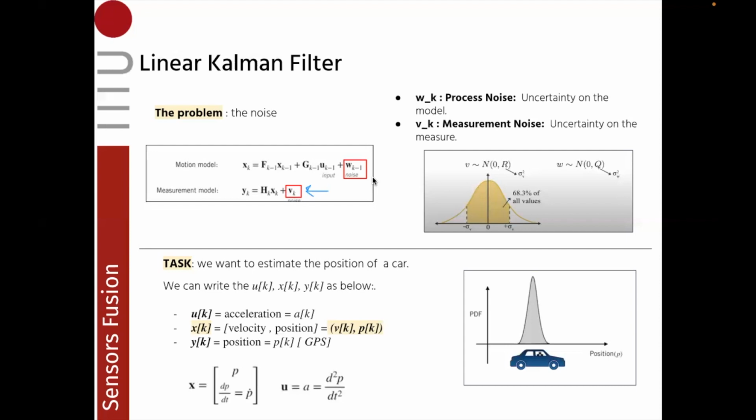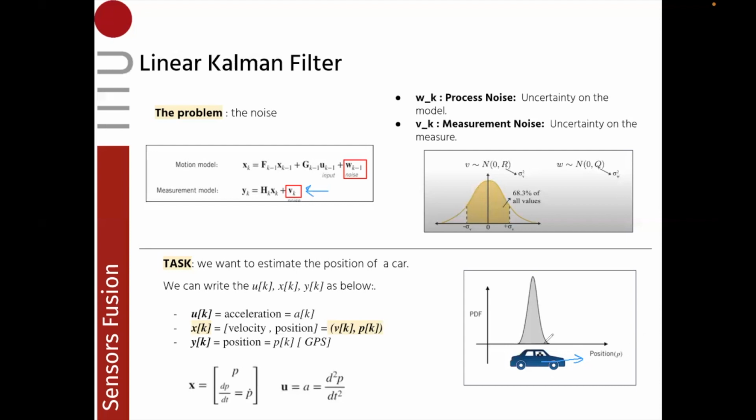With the Kalman filter, we will try to cope with these two sources of noise. But let's now try to give an example. Let's imagine that we have a car which is progressing forward on a line, represented by this axis.